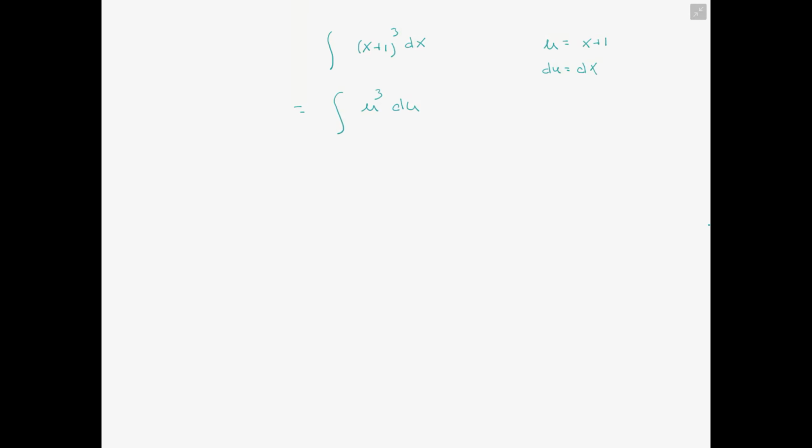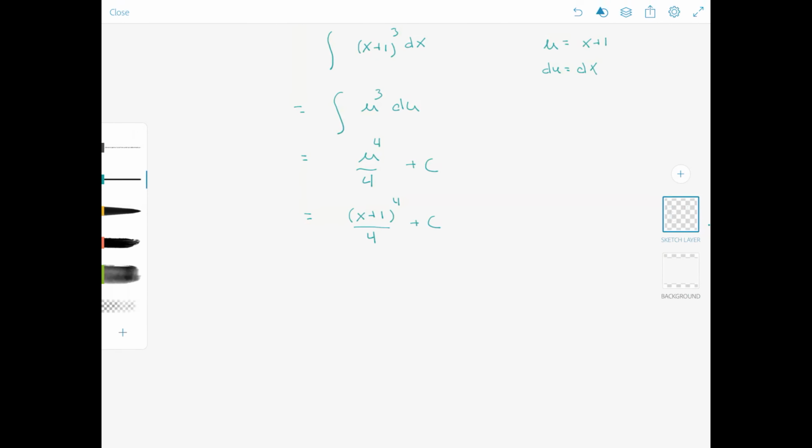Now we can use our rule, which gives u to the fourth over 4 plus c. Substituting back for u, we have (x plus 1) to the fourth over 4 plus c, and that's our answer.